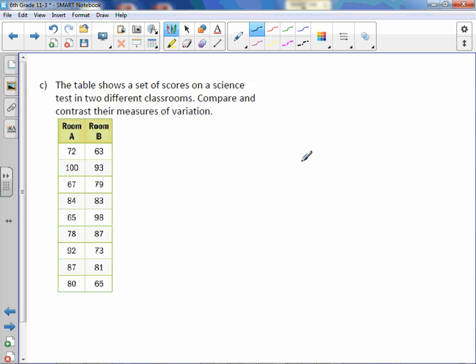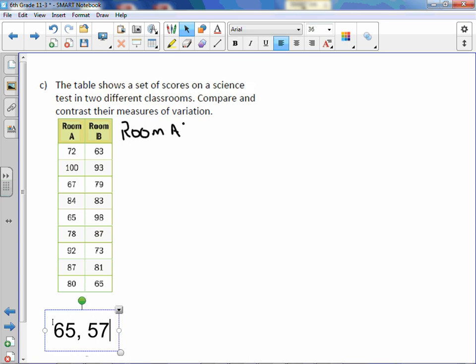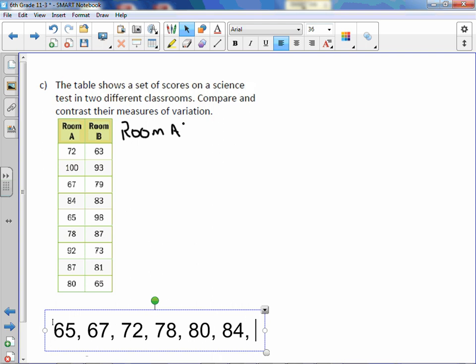Let's start with room A. I'm going to go ahead and type the numbers: 65, 67, 72, 78, 80, 84, 87, 92, and 100.